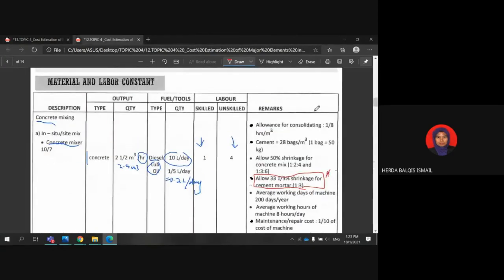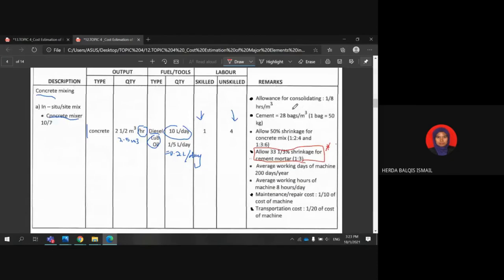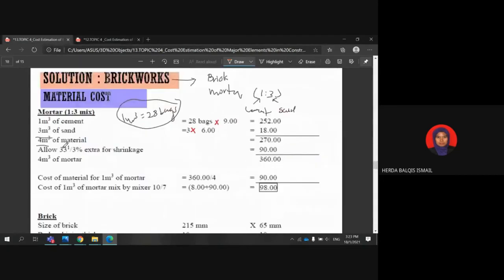Given here, 28 bags per cubic meter for cement. So 28 bags times the price per bag, 9 ringgit, you get 252 ringgit.